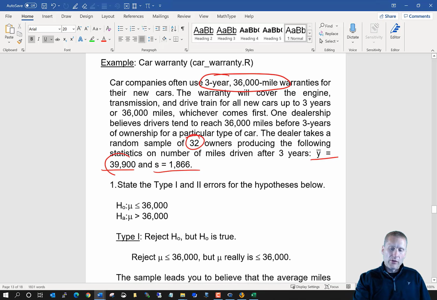So notice how this 39,900 is definitely greater than that 36,000. Right from there, you might be thinking, oh, based upon this sample, something may be up, in terms of maybe this sample is telling me that indeed these owners of these cars reached 36,000 miles before, meaning that their warranty ends before that 3-year period.